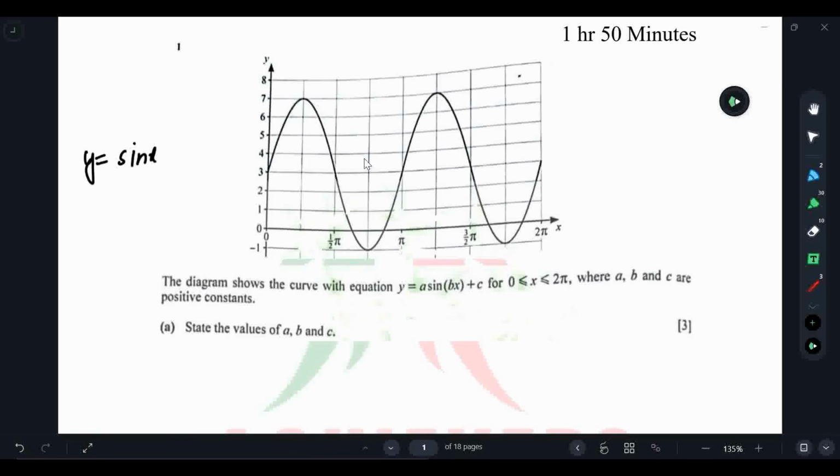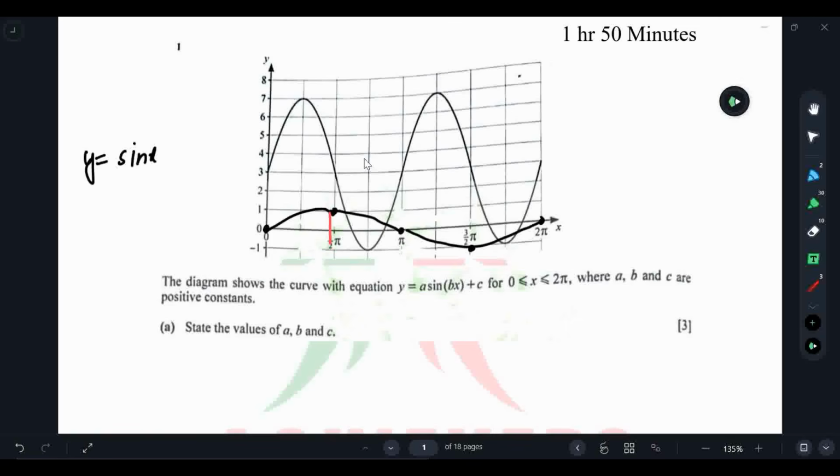Now if we compare it with the original one, the original graph was between these two: at 0 it is 0, at pi by 2 it's 1, at pi it's 0, then at 3 pi by 2 it's minus 1, and at 2 pi this one is 0.